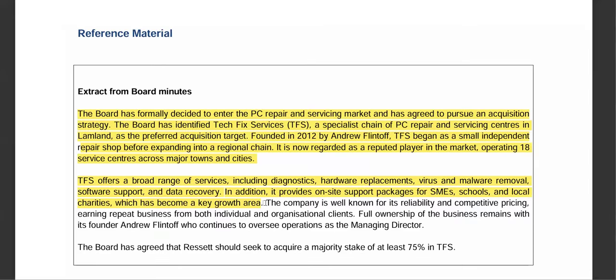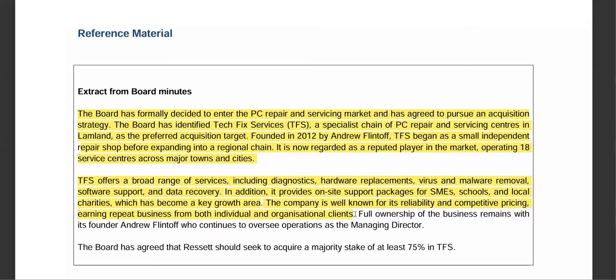The company is well known for its reliability and competitive pricing, earning repeat business from both individual and organizational clients. So that's definitely a good strategic fit with us because we offer competitive pricing, and we've built a reputation around our quality assurance. And this target company is also known for its reliability and competitive pricing.